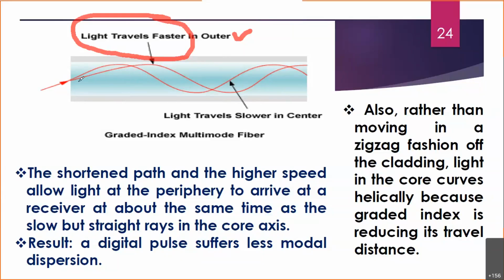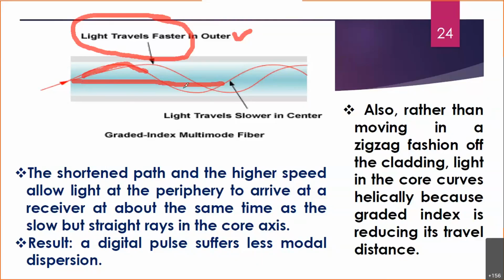So if some signal is traveling like this, near the central part the speed is less, but in the outer part like this, it will cover a larger distance because of high speed.